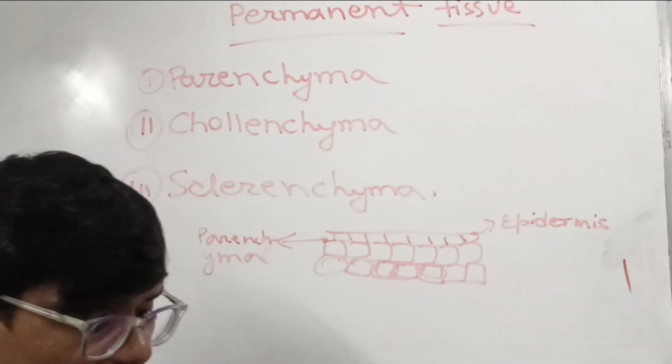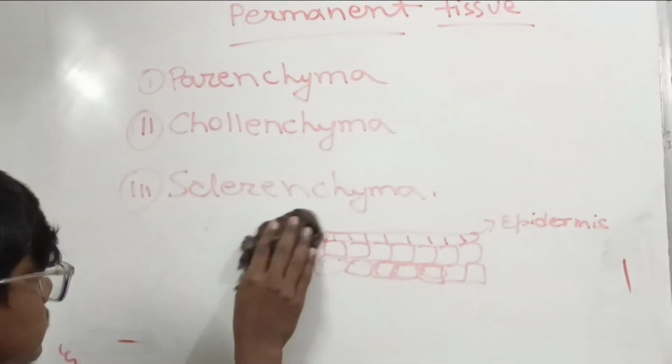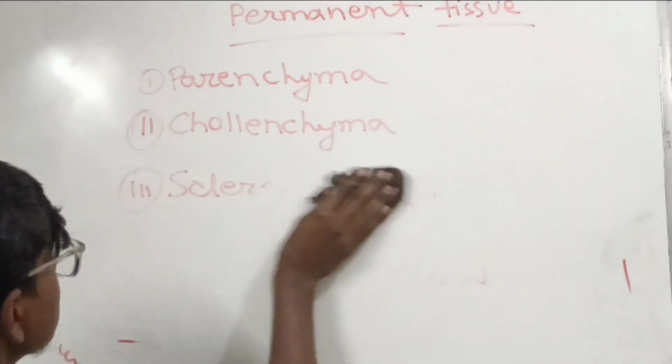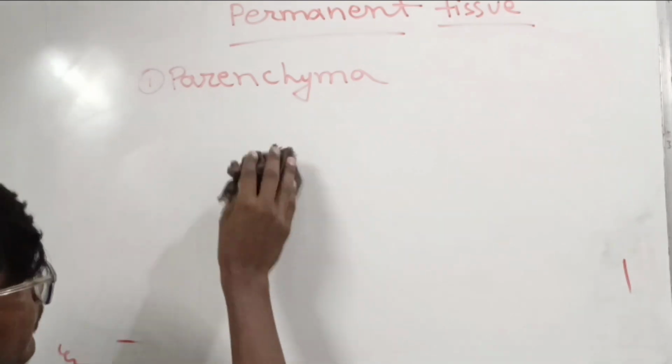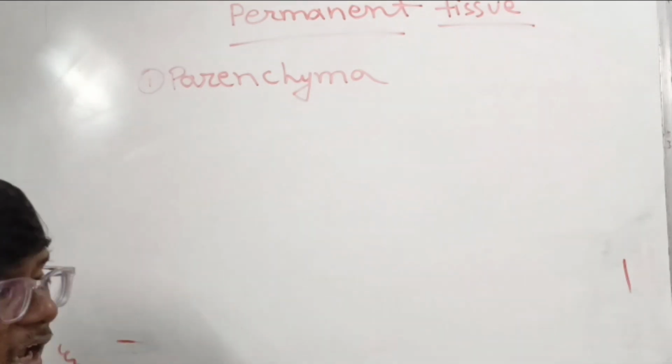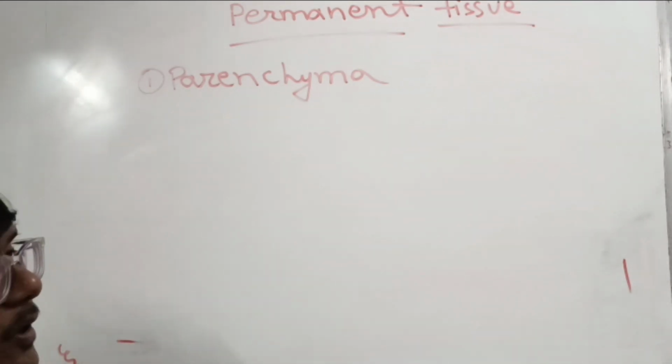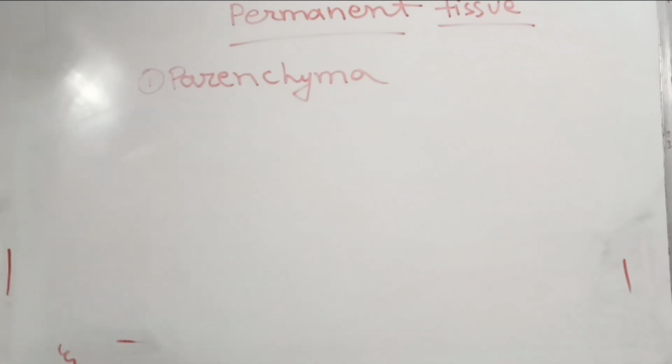So now we will see the first type of this permanent tissue. What is this? Parenchyma. So parenchyma, you can say by the simple example, it is the most common permanent tissue. Wherever you will see permanent tissue, this parenchyma is the most common type. It will consist of unspecialized cells with a thin cell wall.